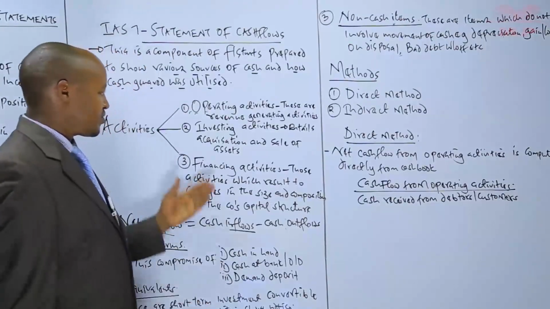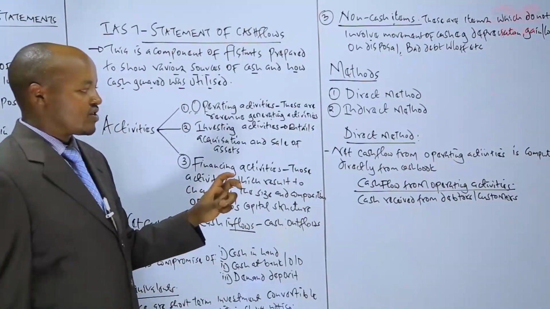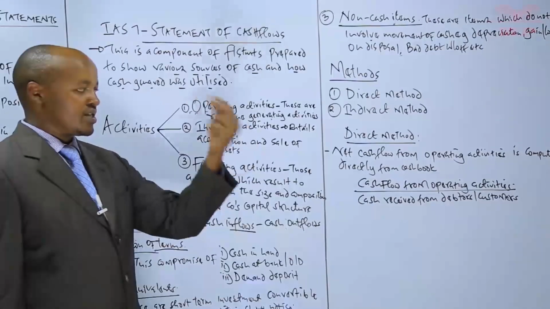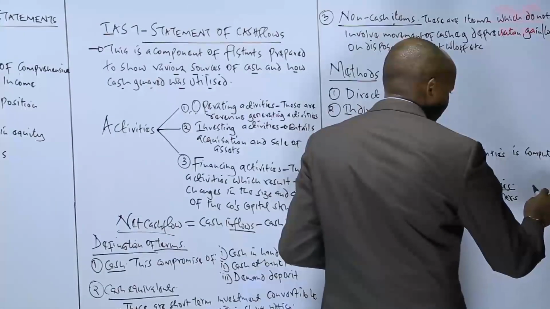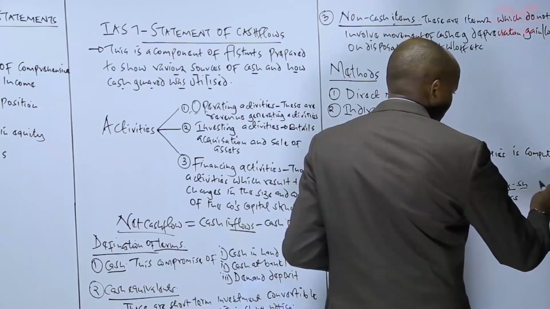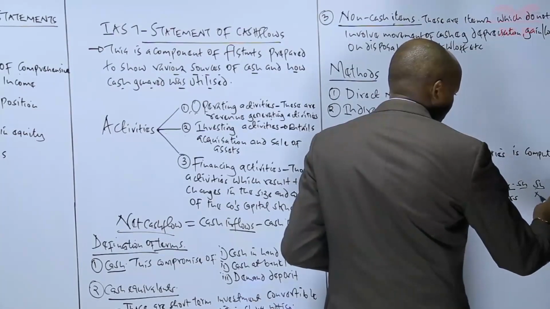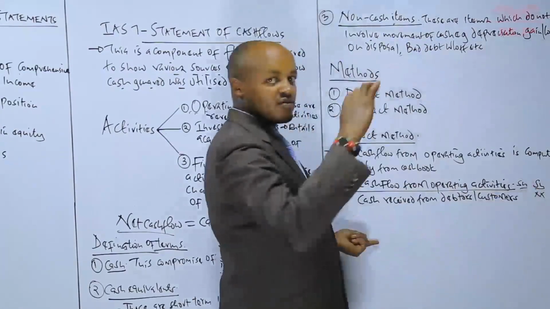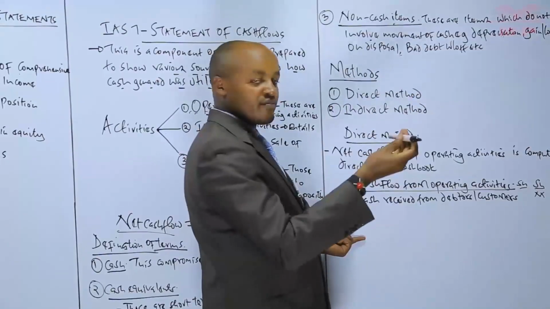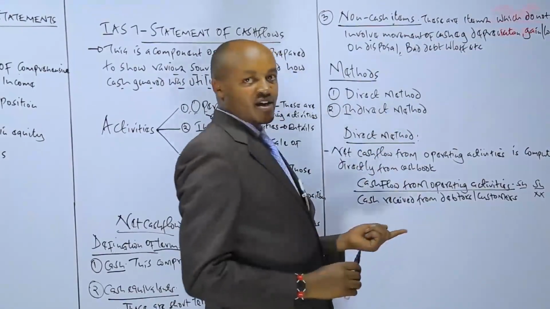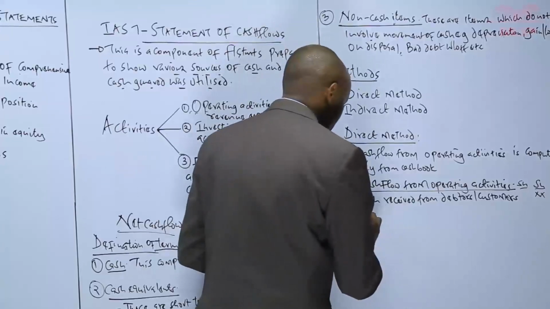Basically, when preparing the statement of cash flow, any activity which entails inflow of cash, we have that as a positive, because that is inflow of cash. But anytime we have outflow of money out of the business, that should be a negative. So first of all, we take that.